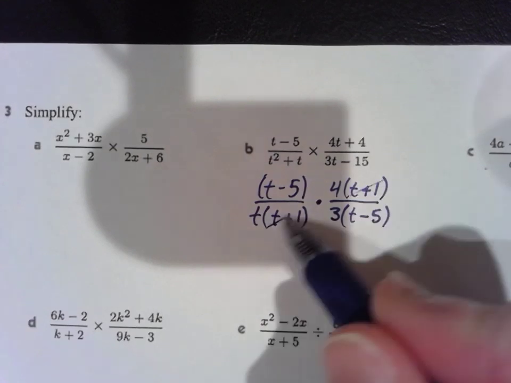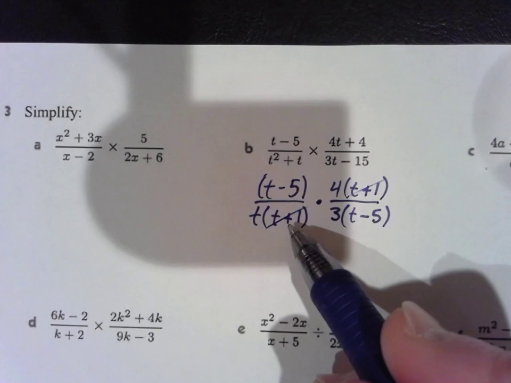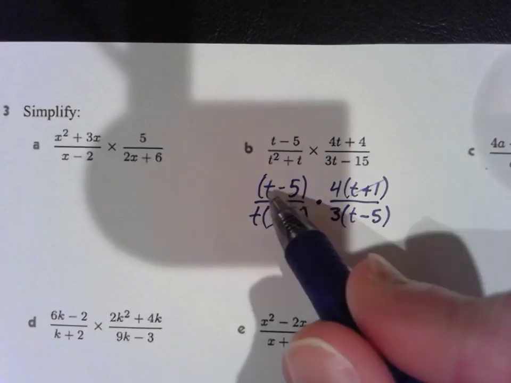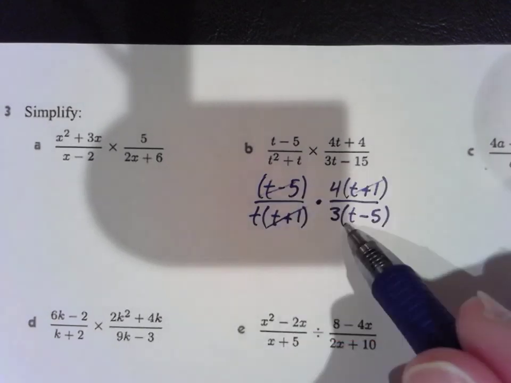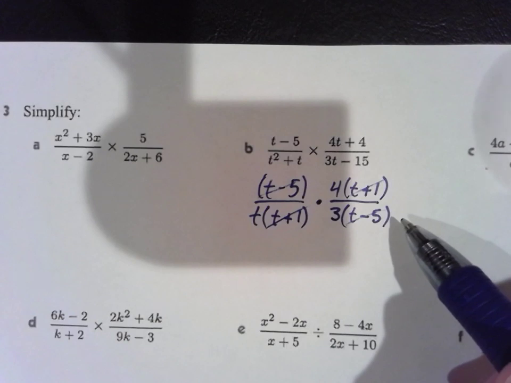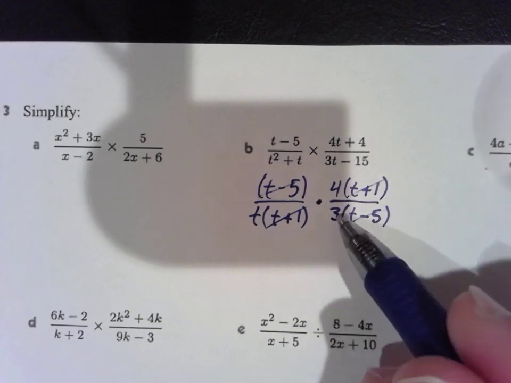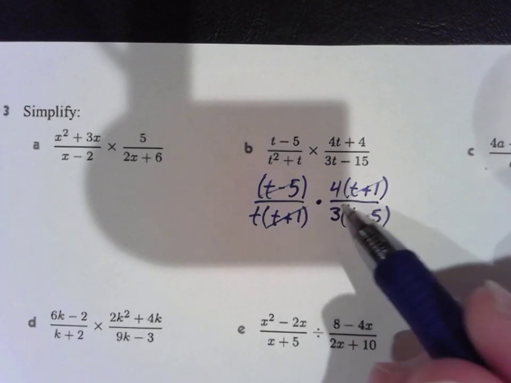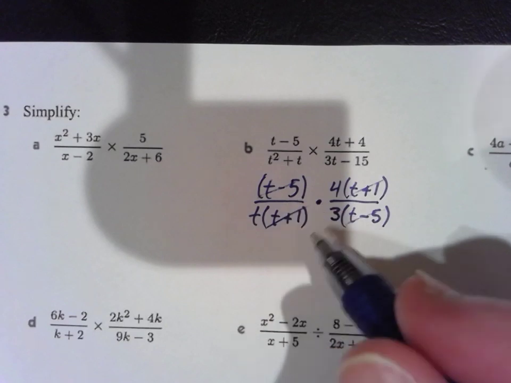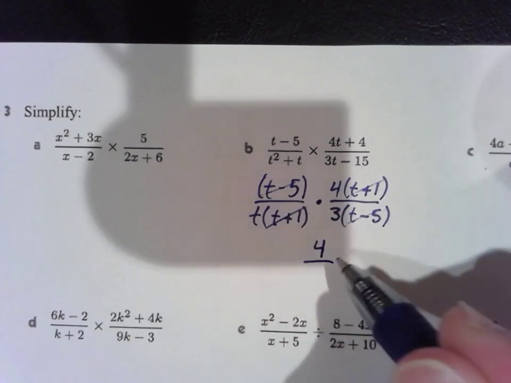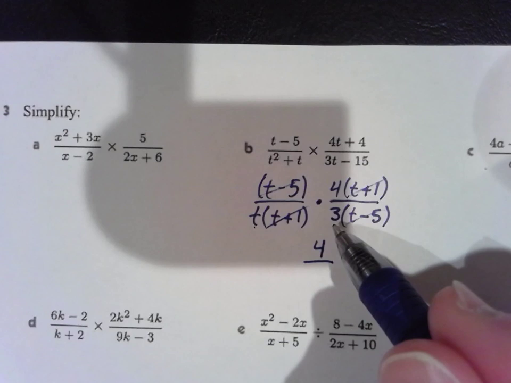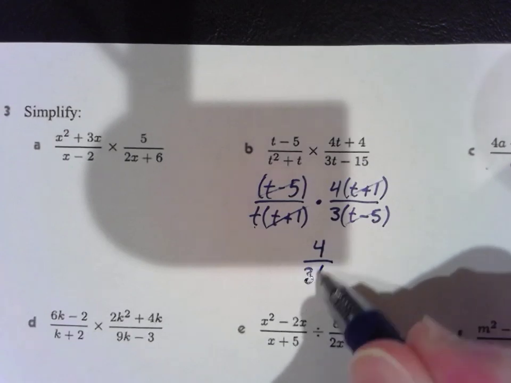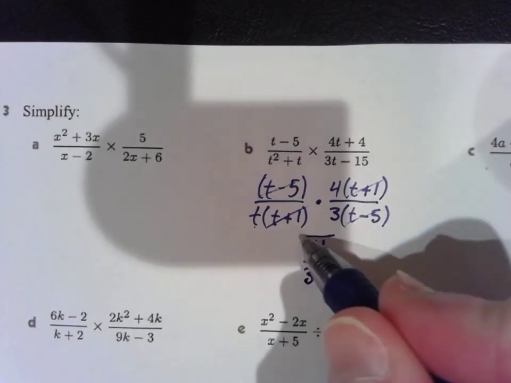I see a t minus 5 on top and a t minus 5 on the bottom. The 4 and the 3, I can't reduce those constants, and so the only thing left on top is 4. On the bottom I have a t and a 3, so 3t. So that is the simplified form.